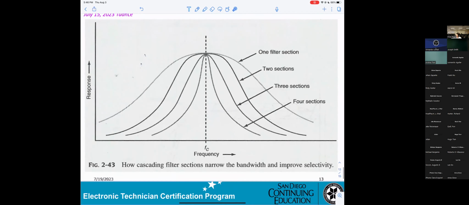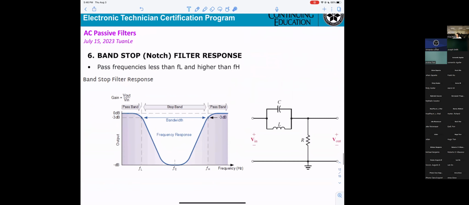Hey, Mr. Pham, where it says FC, the cutoff frequency, does that go all the way down to that line? Yeah, that will be the center frequency. So it goes all the way to the very bottom. They're not telling the exact value, but they say that for decibel. What value is it if it's all the way to the bottom?